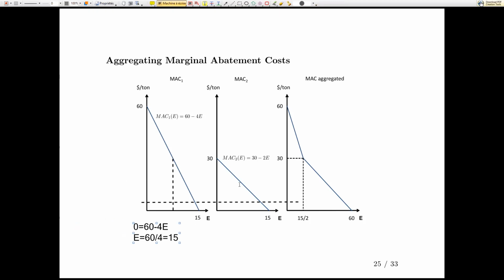So 15 is good. Second one, I've got 30 minus 2e equals 0. So 2e equals 30.